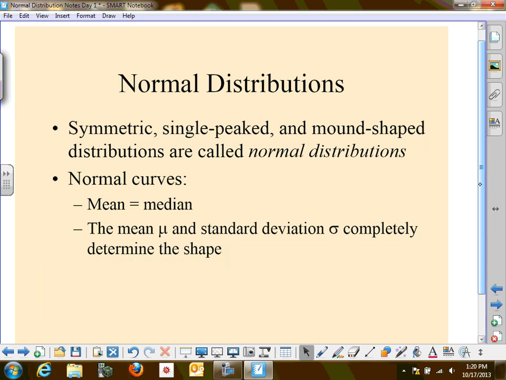Now, in summary, it's just like what we've talked about so far. We know that our normal distributions are symmetric, talking about mean and median and all that. They are unimodal. We also call them mound-shaped. But if they are following specific math formulas, then they are called a normal distribution. You told me the mean and the median were the same.